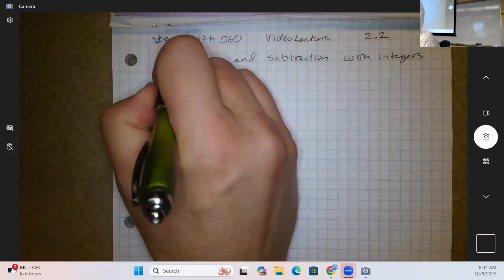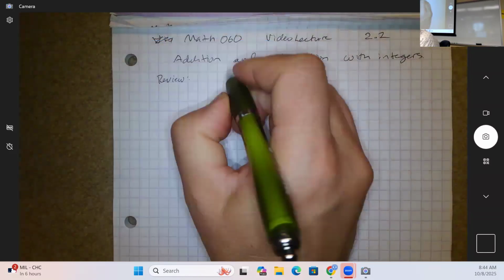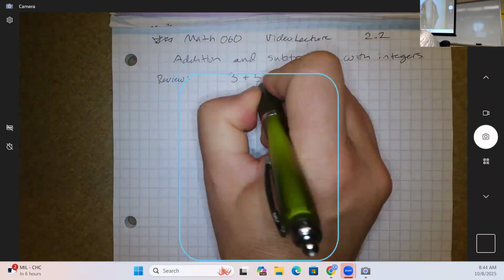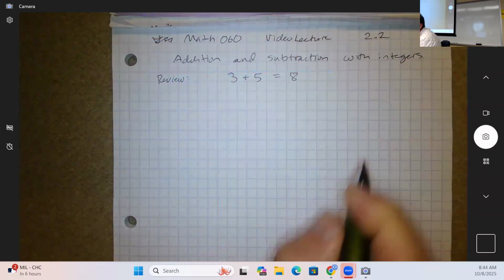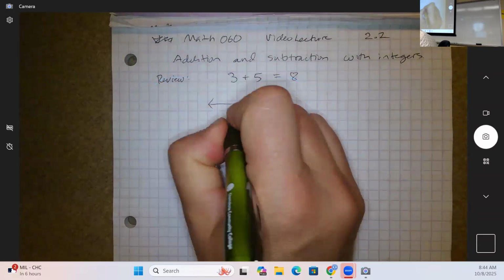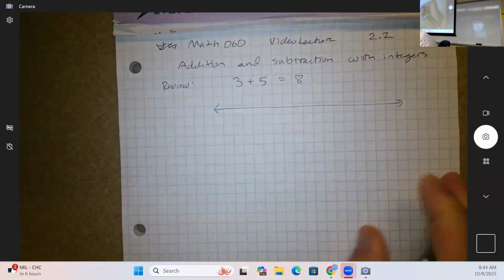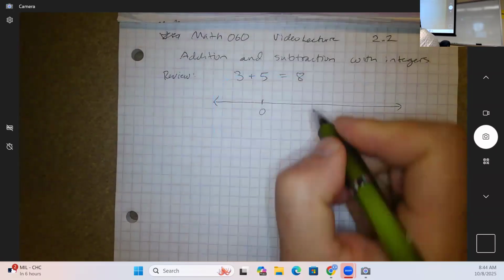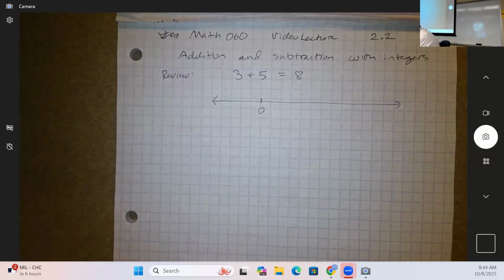Quick review from chapter 1. Whenever we're working with all positives and we have a plus sign, that's our basic addition. I could see it on a number line. 3 + 5 = 8.